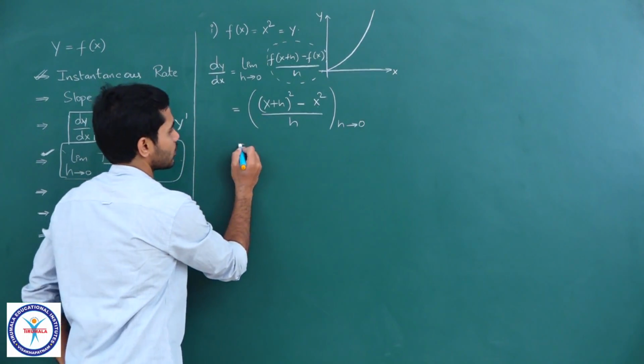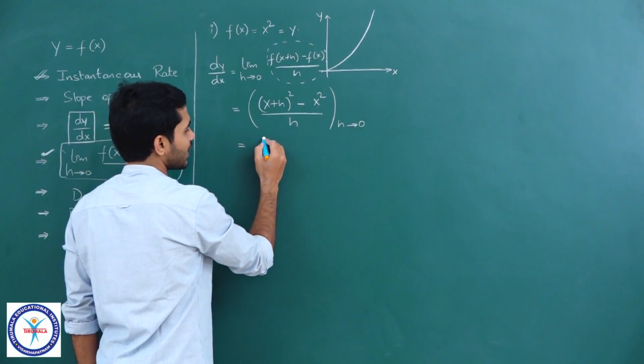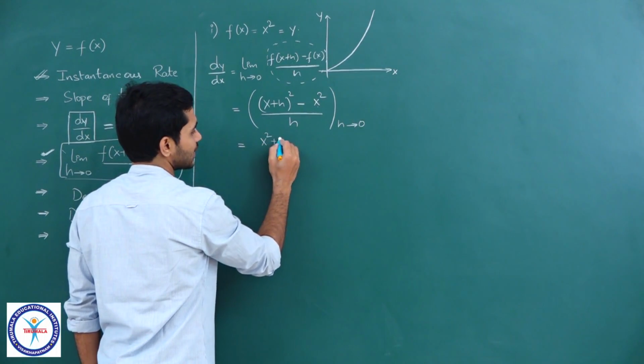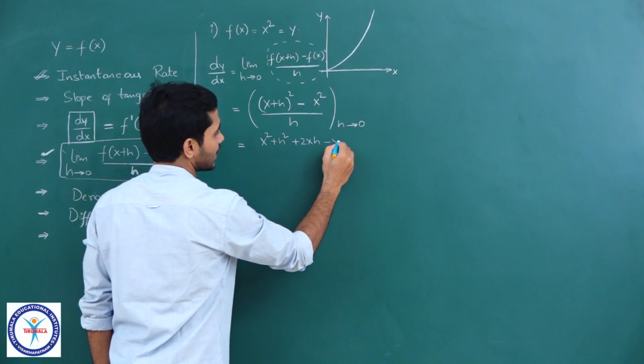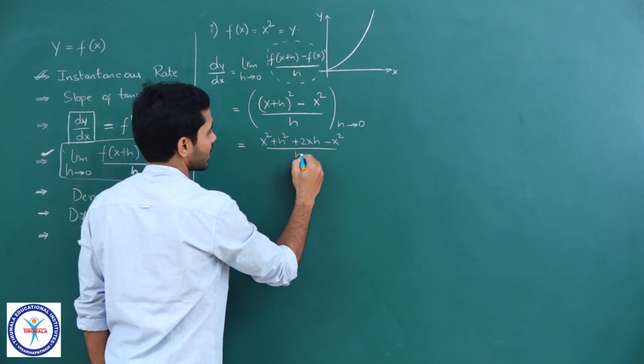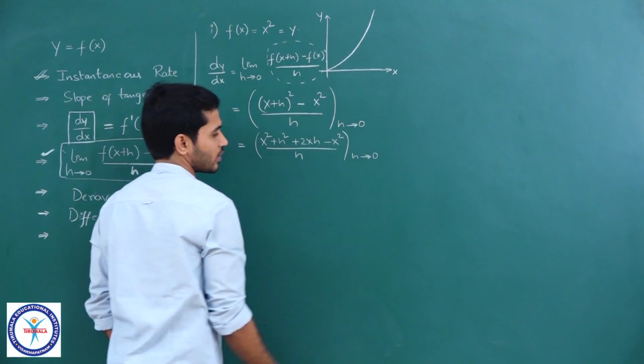Okay, let us do that. And see here, when I expand this, you will be getting x square plus h square plus 2xh minus x square, divided by h. We need to find this as h is very small.